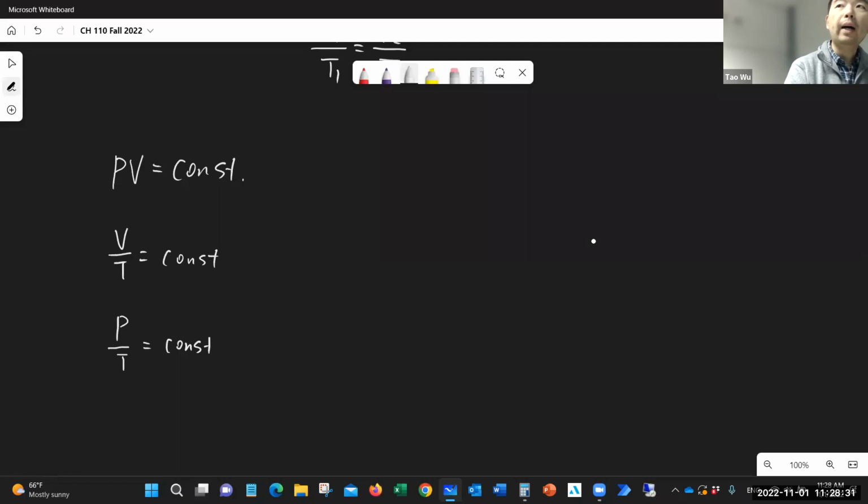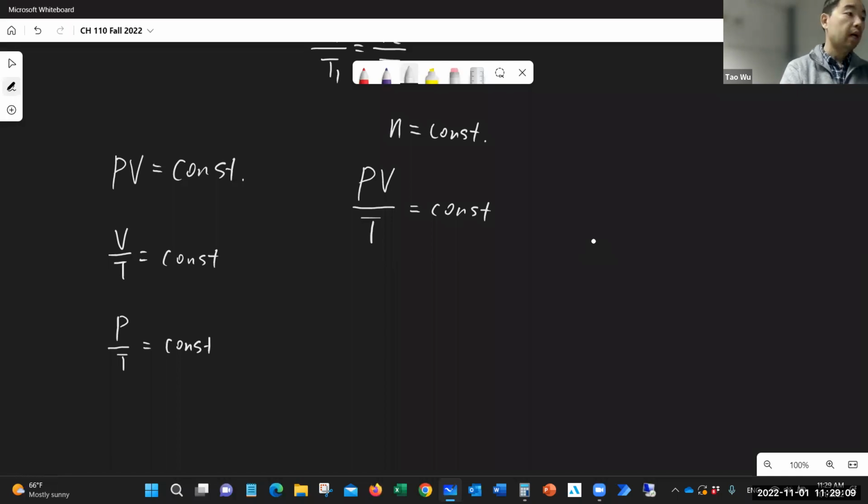Once you combine those three equations together, you will find P times V over T is going to be a constant. As long as the moles of gas are constant, the relationship between those three parameters is this: the pressure times volume divided by temperature will be a constant.